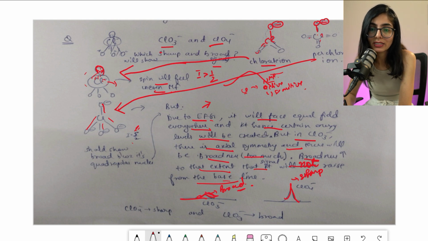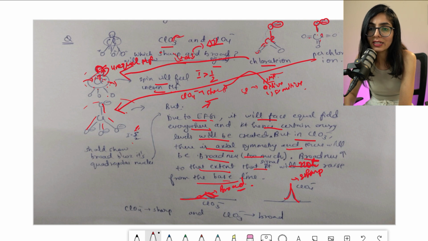So remember that ClO4 minus is sharp because of this equal magnetic field experience, but over here the spin experiences more time over here, and spends less time over here, due to which it will feel unequal magnetic field, and it will give uncertain energy levels, and uncertain energy levels will decrease the time, and time is inversely proportional to nu.